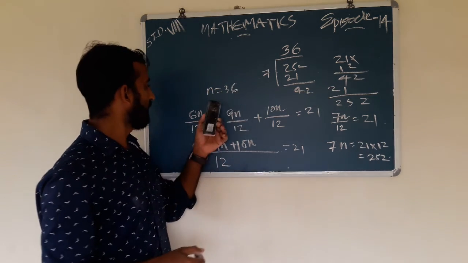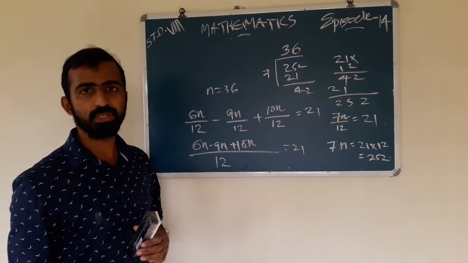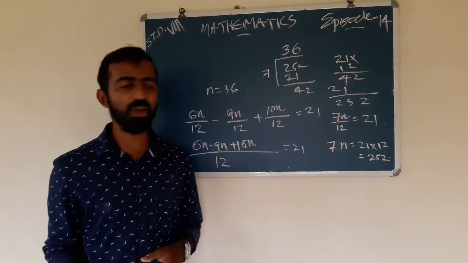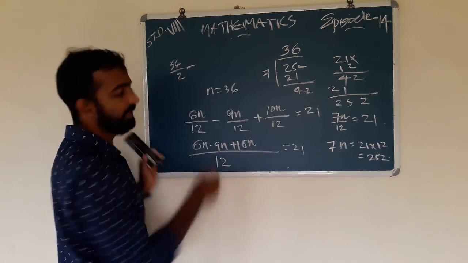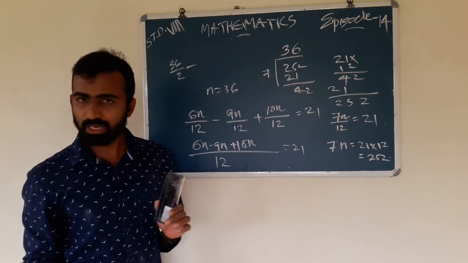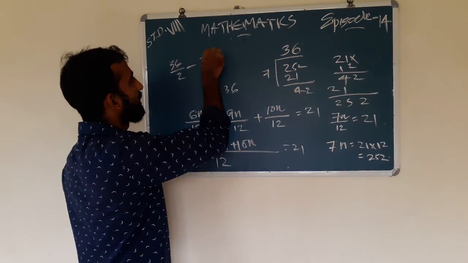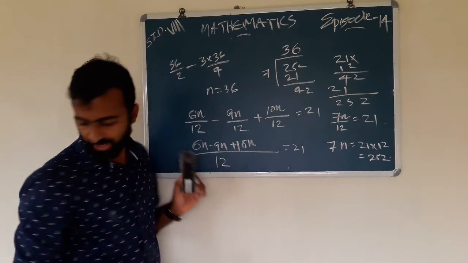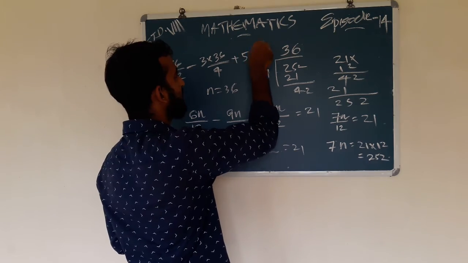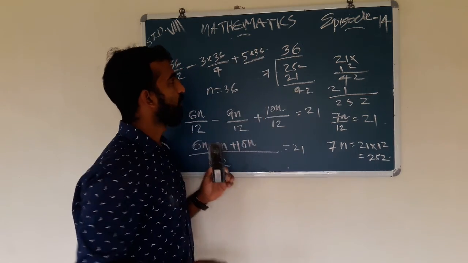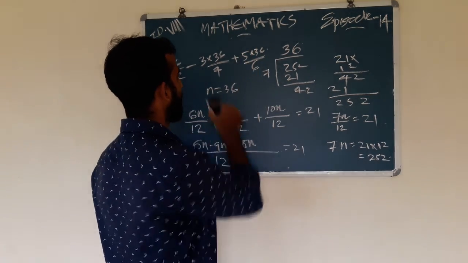We can put the values in the equation. That is, n by 2 is 36 by 2, minus 3n, 3 into 36 by 4, plus 5n, 5 into 36 by 6.